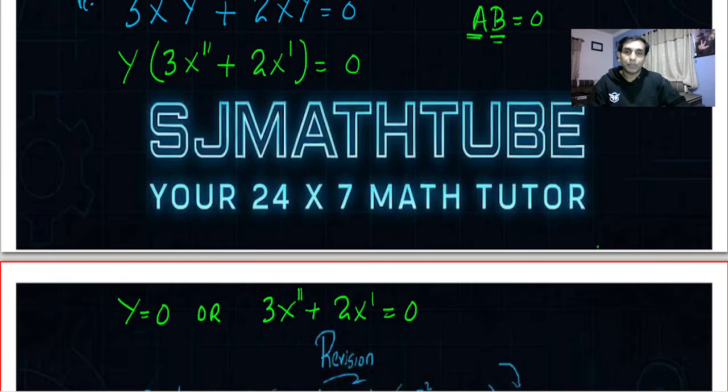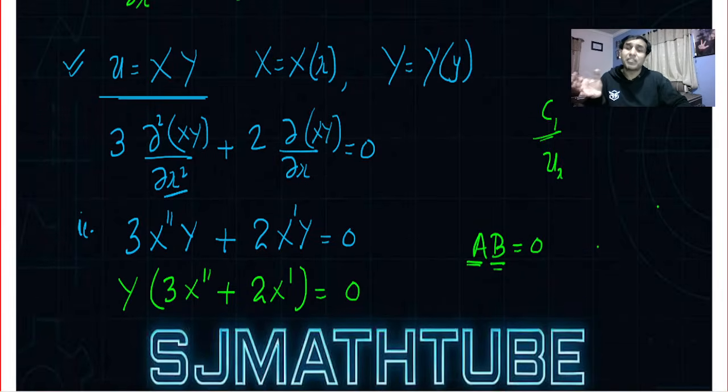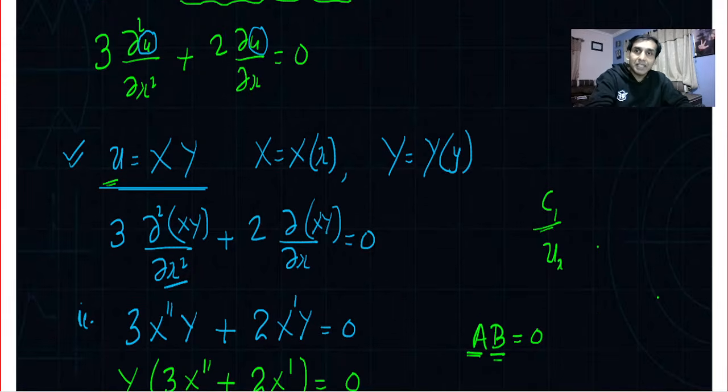But wait a minute, if y becomes 0, then we are going to get something really trivial. Trivial means something which is kind of very silly. Come on, if y equal to 0, our solution will become 0, and it is obvious 0 will balance the equation.